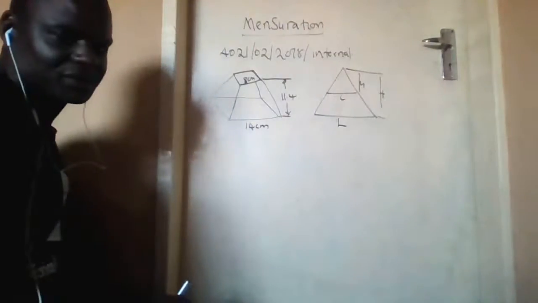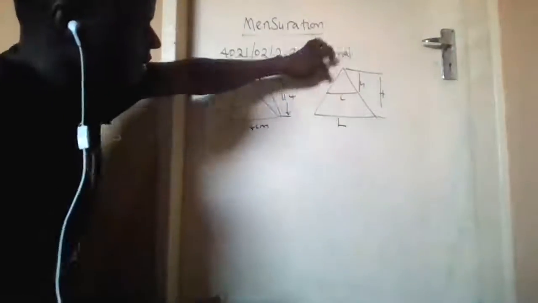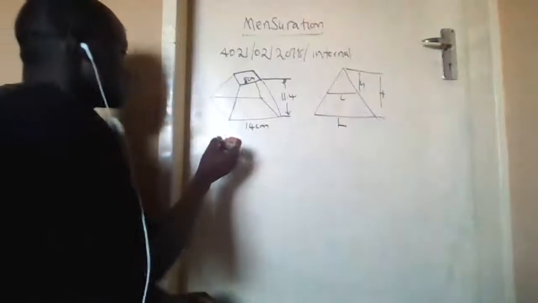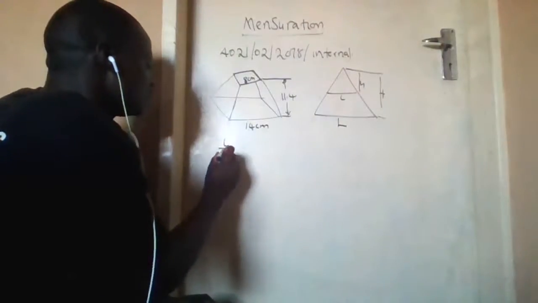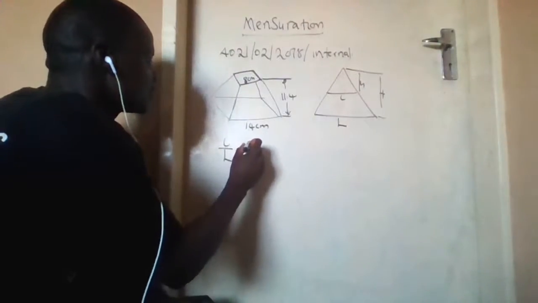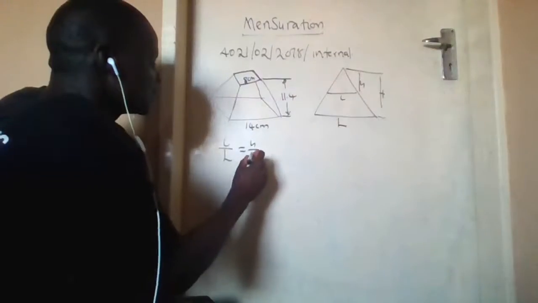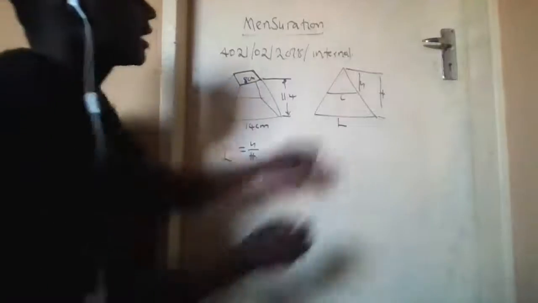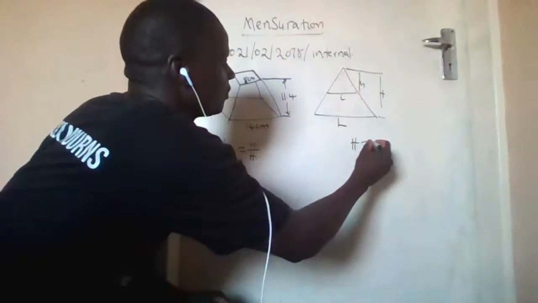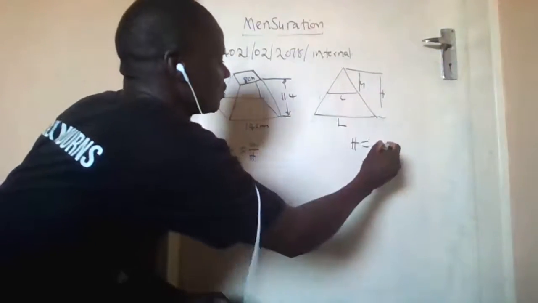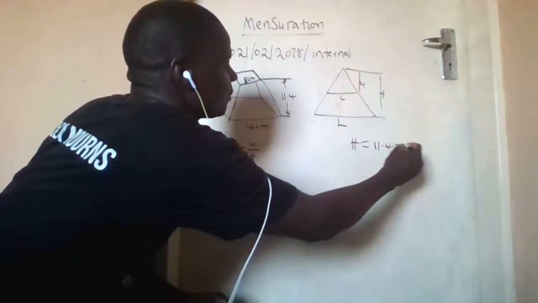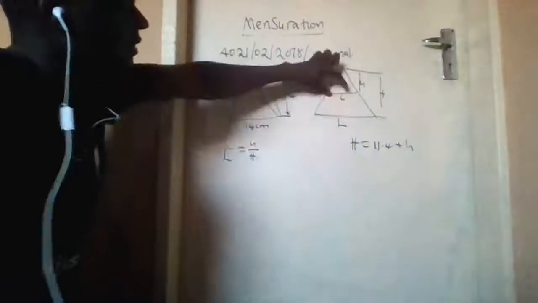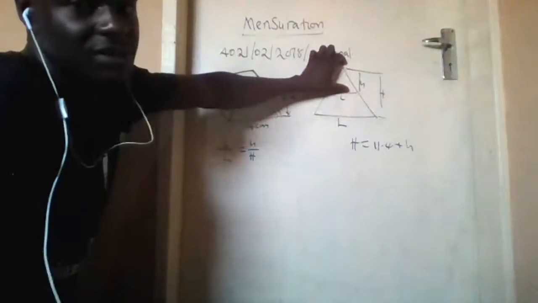Similar shapes. If this big triangle is similar to a smaller triangle, then small L over big L must be small h over big H. Like I said earlier, the big height will be found by adding the small 11.4 plus the small height. It's this one plus that.